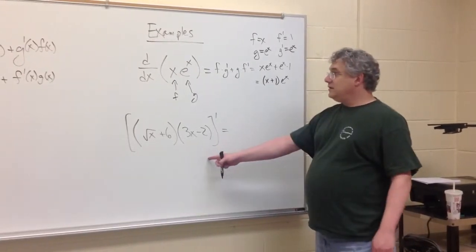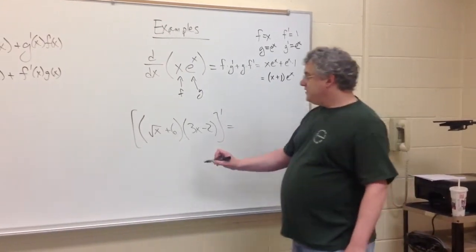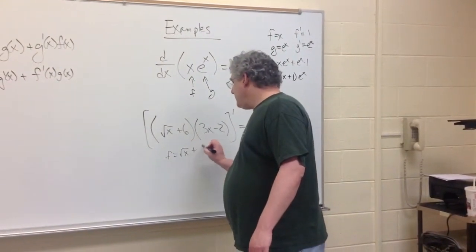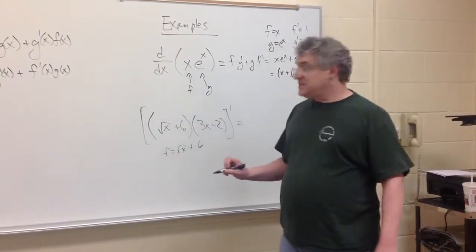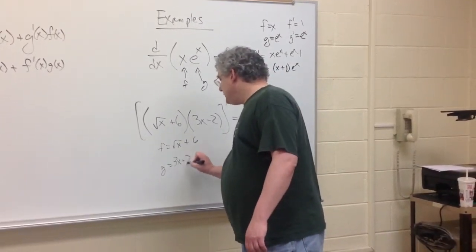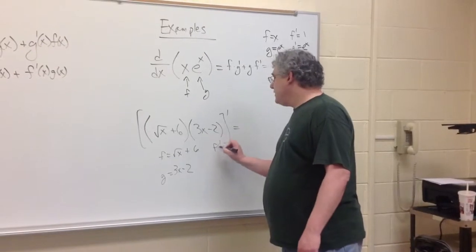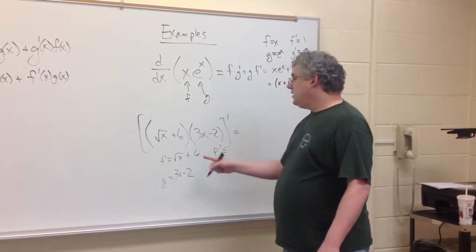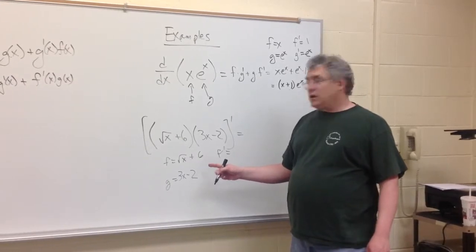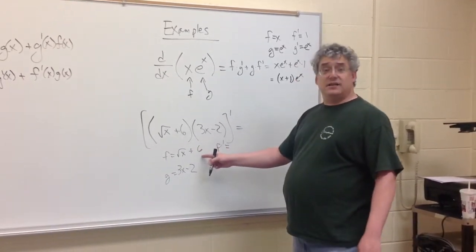How about this one? Well, this is my f, so I'll write it right below. f is square root of x plus 6, and g is 3x minus 2. So f prime, take the derivative of that. Well, the 6 is a constant.